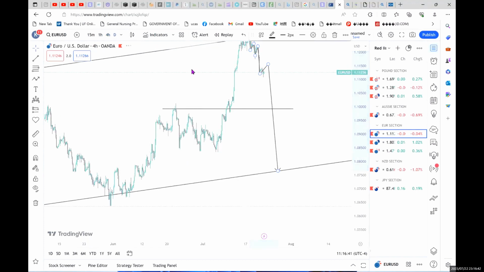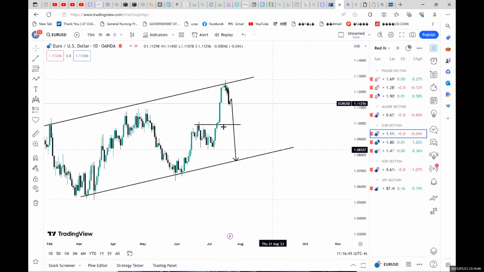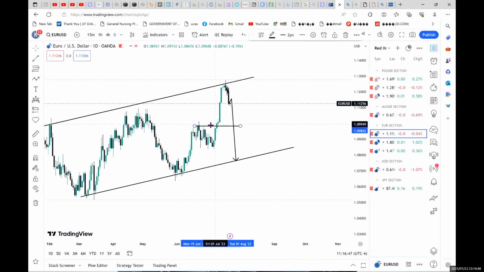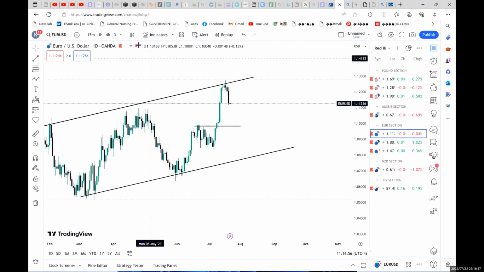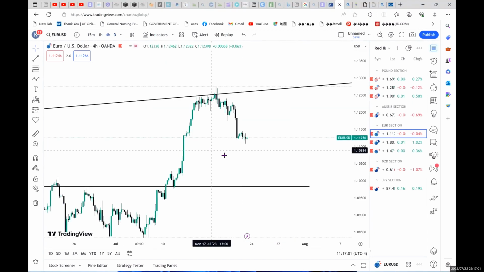Let me show you on the daily, like this. Okay, so we might get a reaction at this support here when price is dropping, or it can just break through and come down to a trend line, and then we'll wait to see what happens after that. But for now, I'm still looking for sells on EURUSD. All right, let's check the H1.